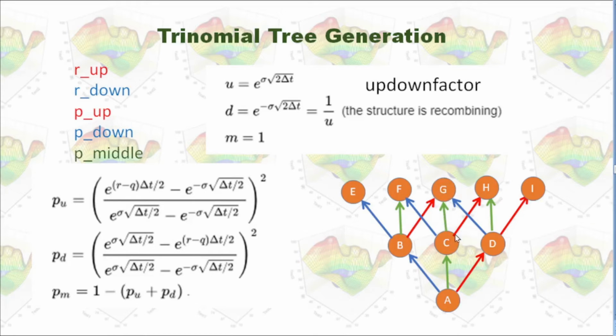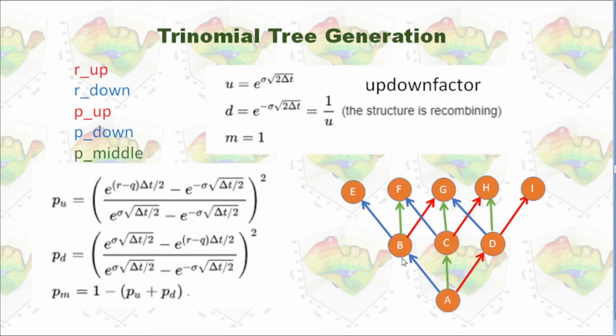Why don't you consider going up and going down? Because those data points will be calculated by other data nodes. For example, F will be calculated by B, and data point H will be calculated by data point D. So from C, you don't have to consider those data points. You only calculate data point G, that's it.